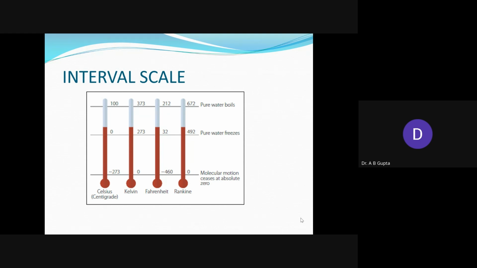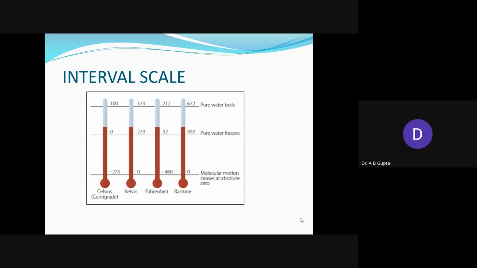I mean, 34 degrees Celsius minus 32 is equal to 2. 28 minus 26 is equal to 2. 32 minus 30 is equal to 2. So all of them are equally spaced. There is no problem. But my friend, there is no absolute zero.